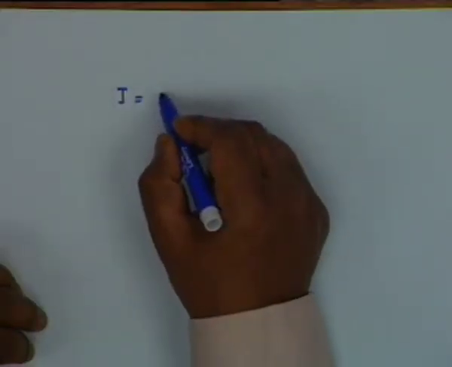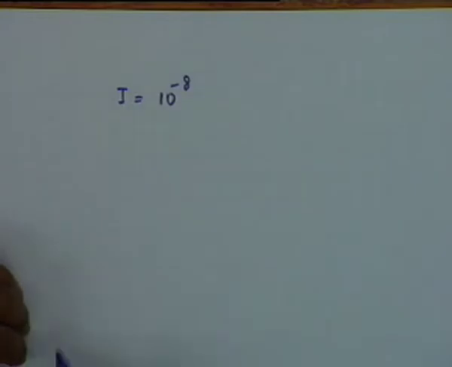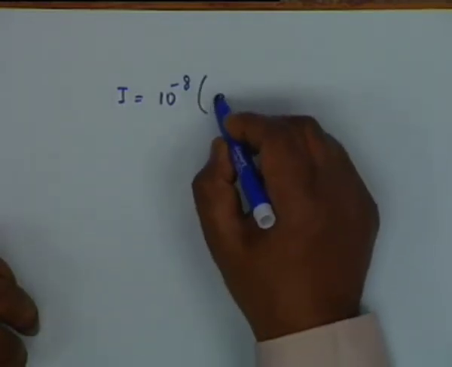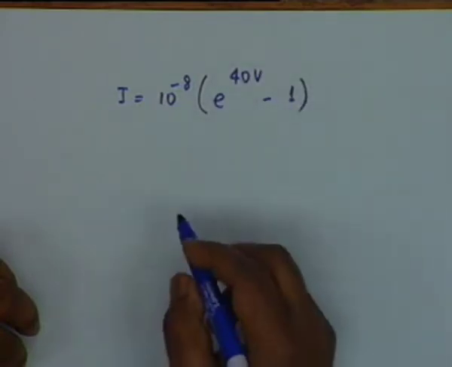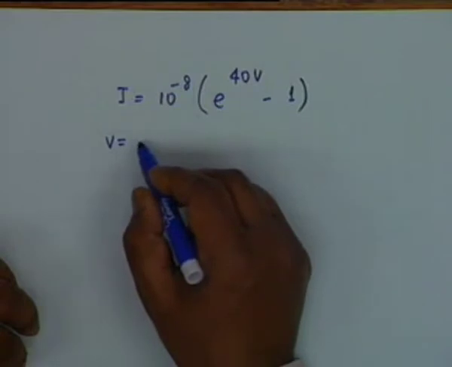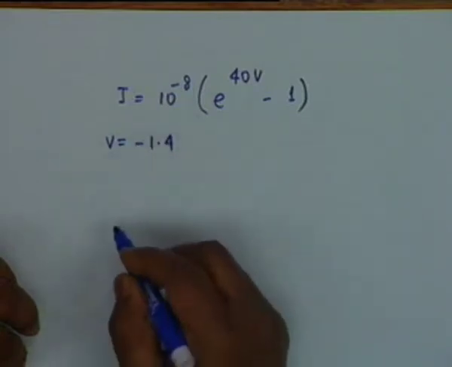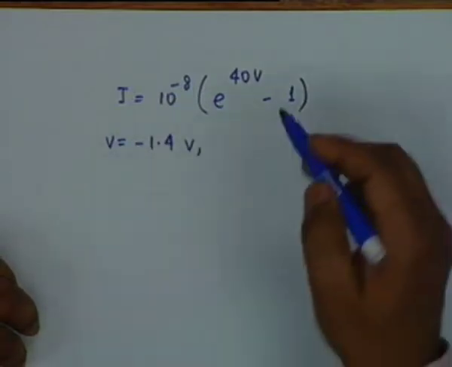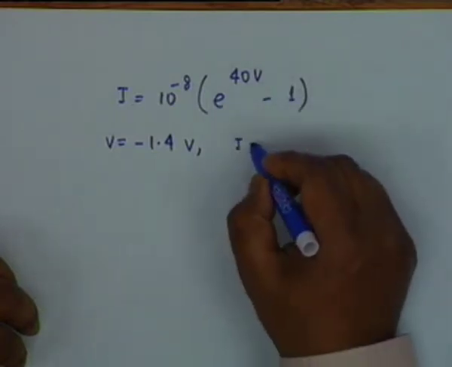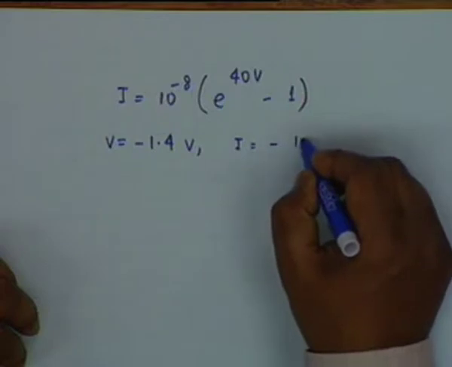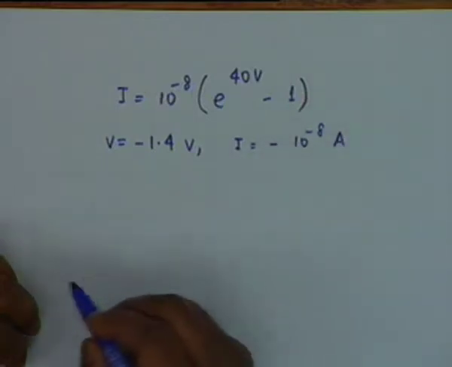I equal to 10 to the minus 8 (e to the power 40 V, minus 1), since 0.01 microampere is 10 to the minus 8. You have been asked to find out the current at V equal to minus 1.4. Well, obviously e to the 40 V can be ignored, and I would be equal to minus 10 to the minus 8 amperes.